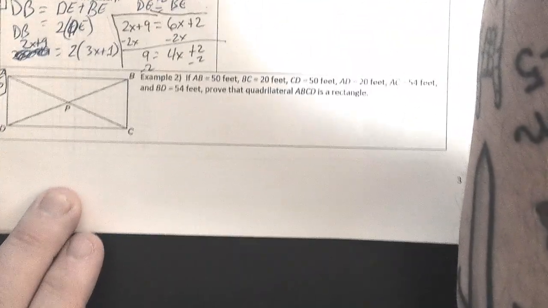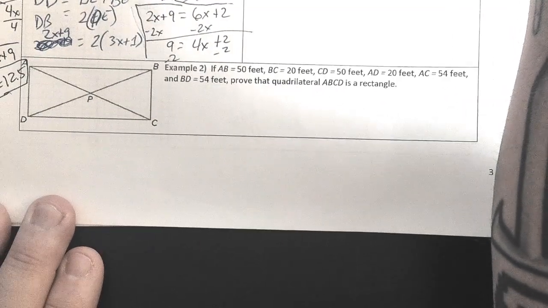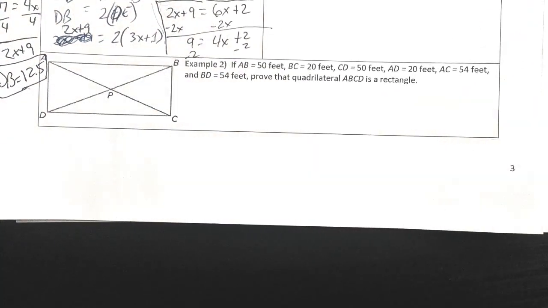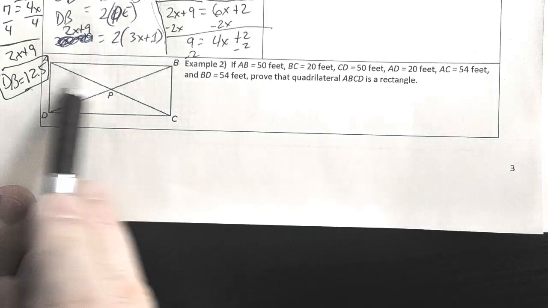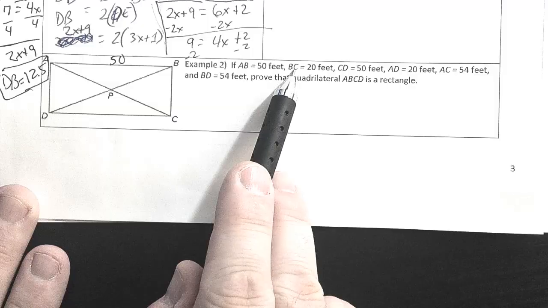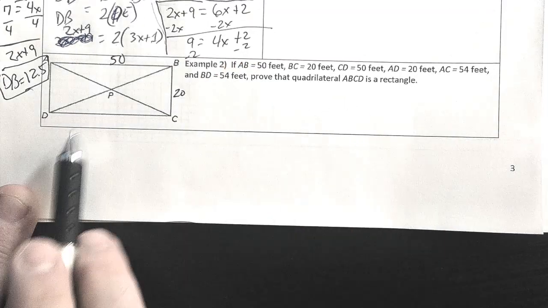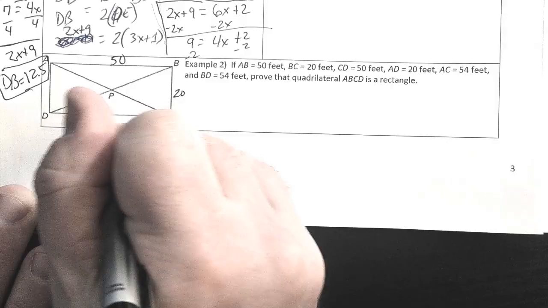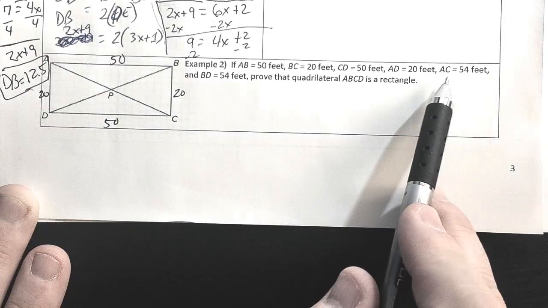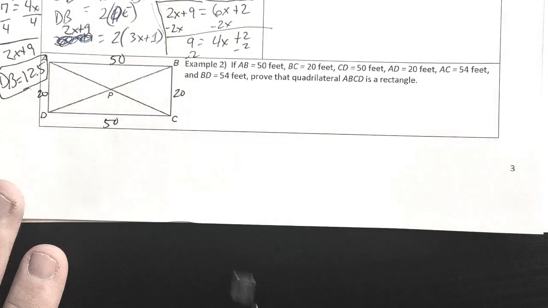So come down here. Example 2. Scoot over just a hair. There we go. All right, example 2. If AB, up here, is 50, BC over here is 20, CD, that's down here, is 50, and AD is 20, AC, so the diagonal is 54 feet.